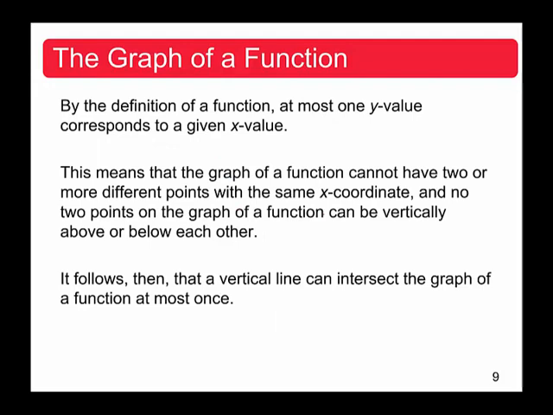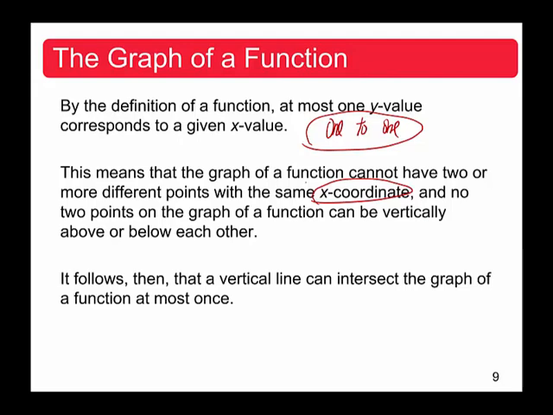For any given function we have a one-to-one relationship, meaning one y value corresponds with a given x value. That means for any given x-coordinate, you can only have one corresponding y-coordinate, not 2, not 3. That's exactly the definition of the one-to-one relation.